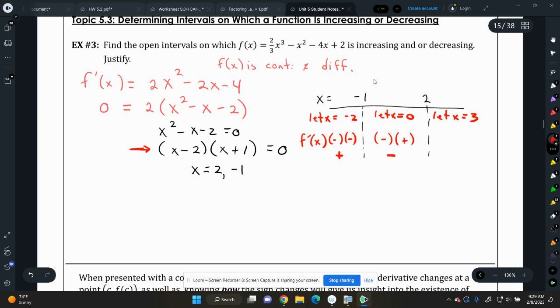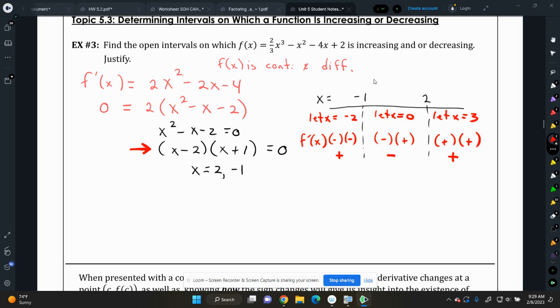I find it easier to put it in the factored version than in the original version. There's less calculation because I don't really need to know the actual numbers. I just need to know whether it's positive or negative. When x equals 3, if I put 3 in here, 3 minus 2 is a positive number. 3 plus 1 is a positive number. Multiplying them together, I get a positive number. Does everybody understand how I did the table?